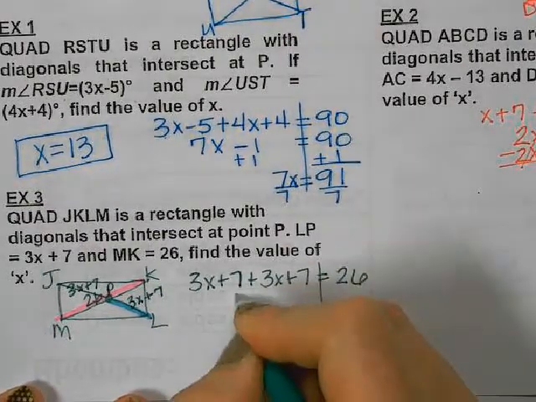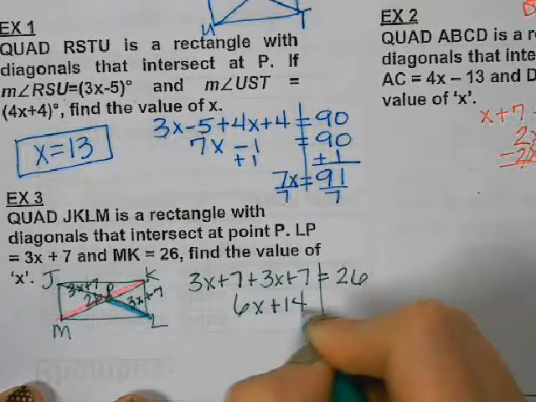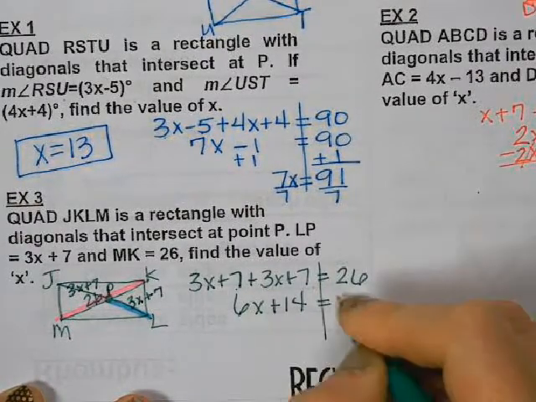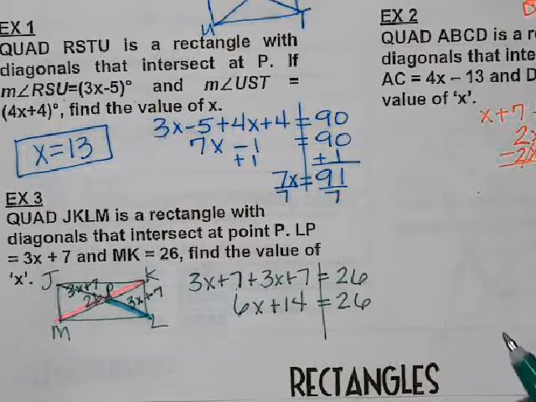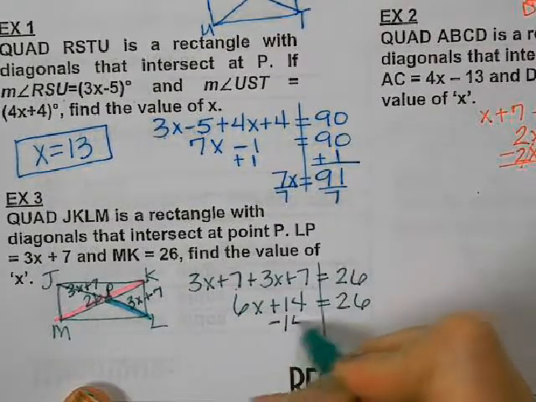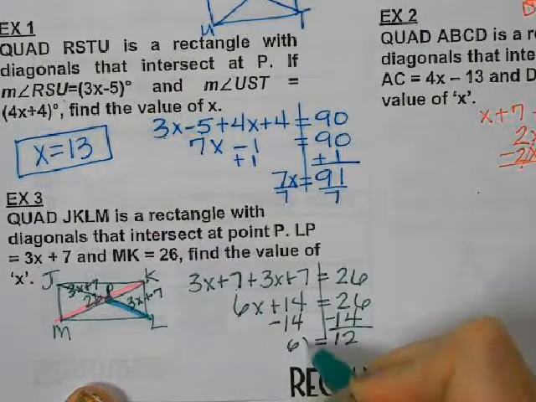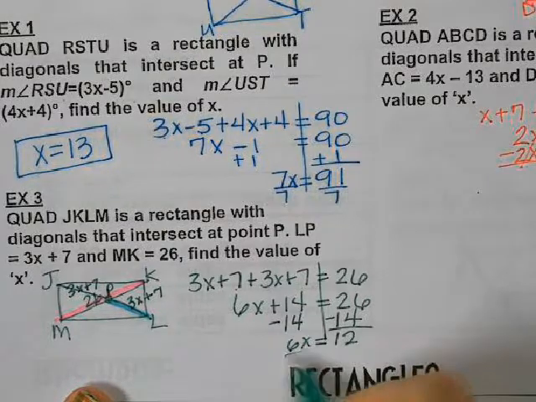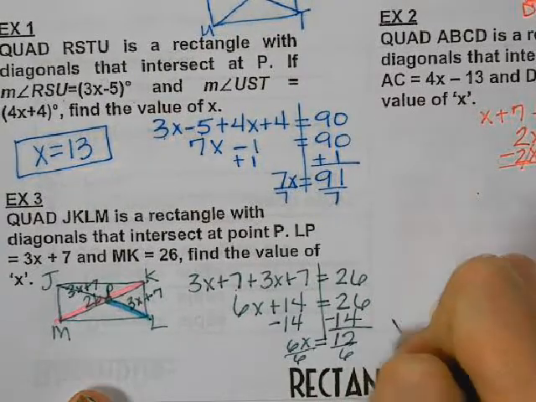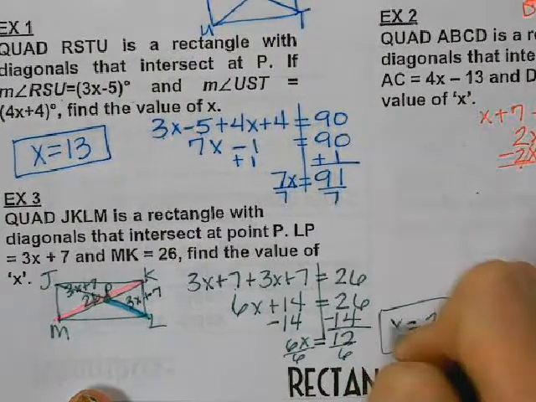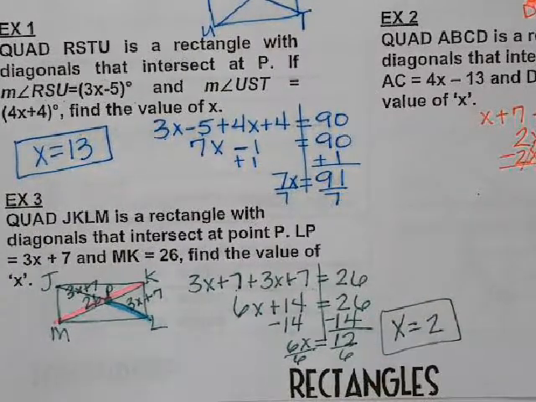Alright, so 3x plus 3x is 6x plus 14 equals 26. Now we're going to subtract out the 14. So we say minus 14 and minus 14. That's going to be 12 equals 6x. Then divide by the 6. So x equals 2. Okay.